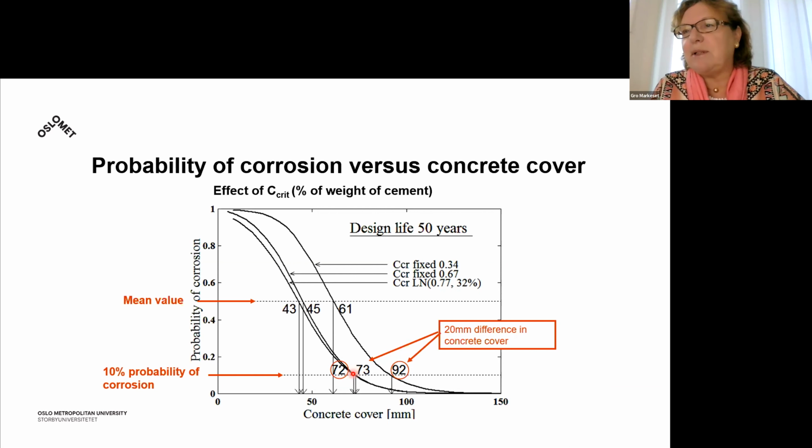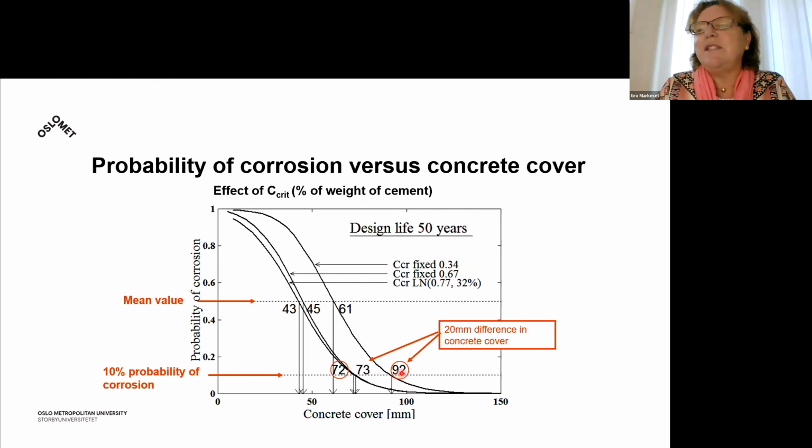But if we have a fixed value of 0.34, which is, let us say 0.4, then you'll see we need 92 millimeters to reach 50 years service life. That's 20 millimeters in difference of concrete cover.